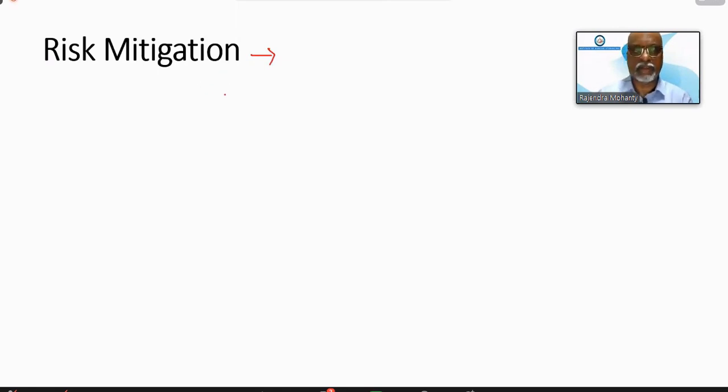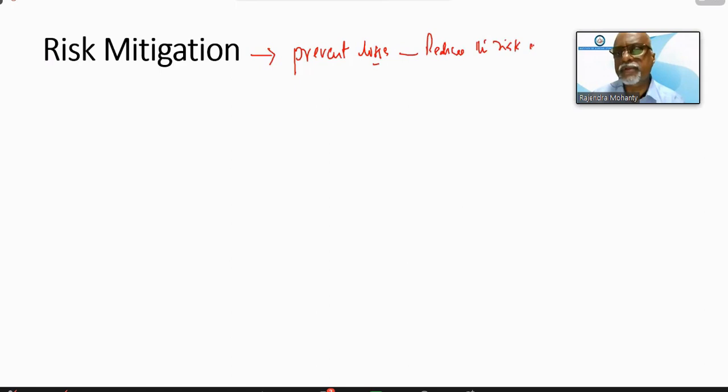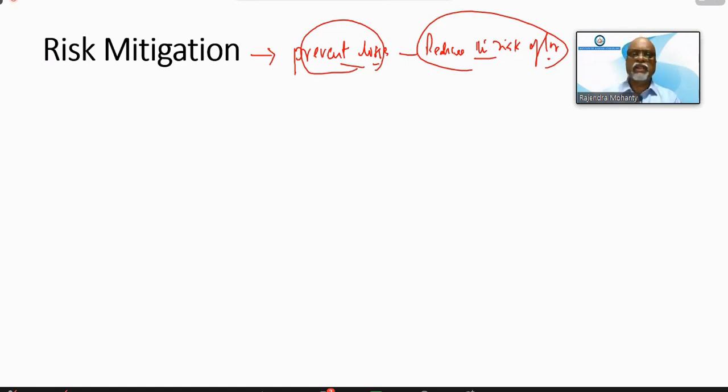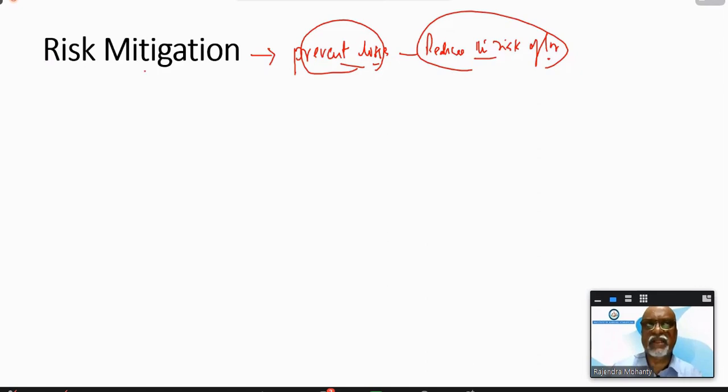Now 6 was risk mitigation. Risk mitigation means, as I already told you on the first slide where all 5 steps of risk management were given: is there some other extra or additional way where we can prevent the losses, or reduce the risk of loss?